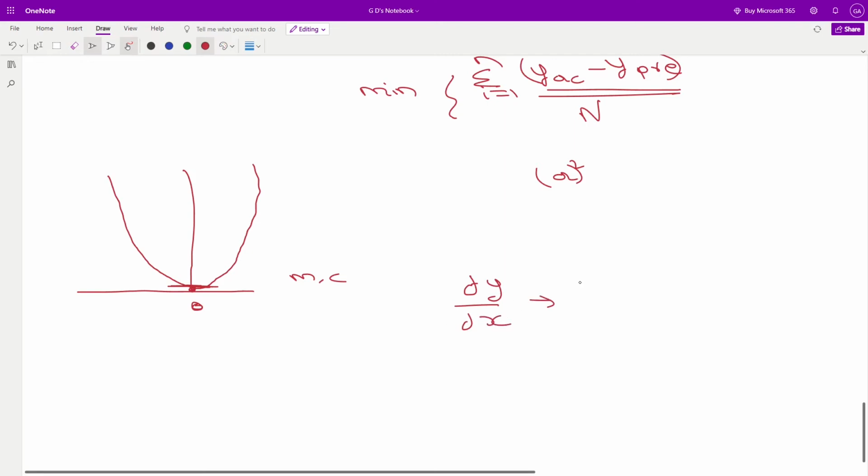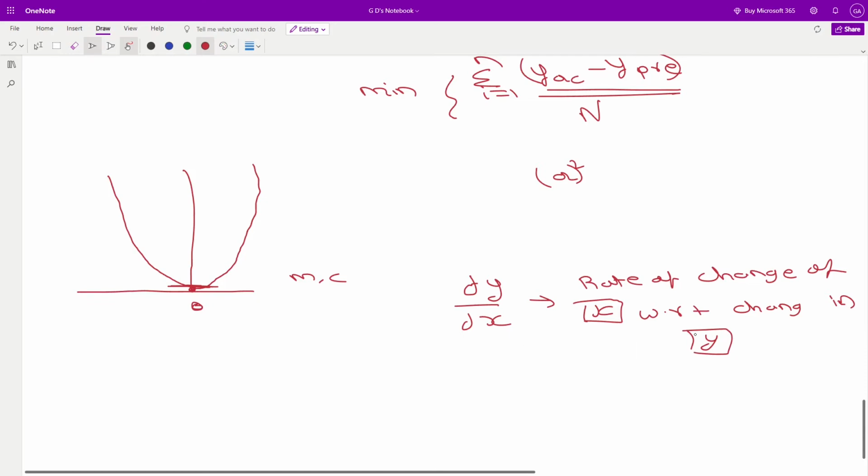It tells us the rate of change of y with respect to change in x, right? Or in a better way, the rate of change of x with respect to change in y. This is the idea.